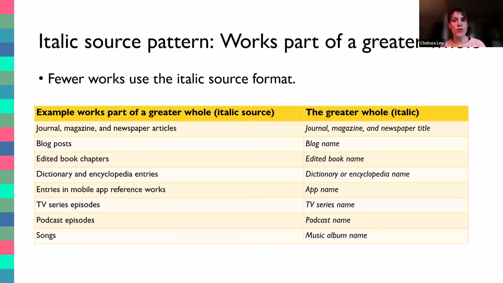And then the name of the journal, the name of the magazine, or the name of the newspaper is going to be italic. Likewise, like an episode of a TV show, an episode of a podcast, an entry in a dictionary, it's always in something bigger. Or like an edited book chapter is in something bigger. And then the bigger thing, the work that stands alone, is the thing that's going to get italics. Next slide, please.